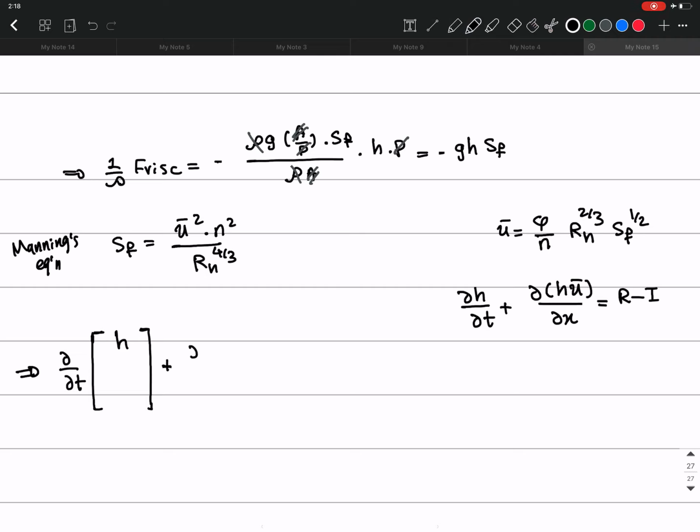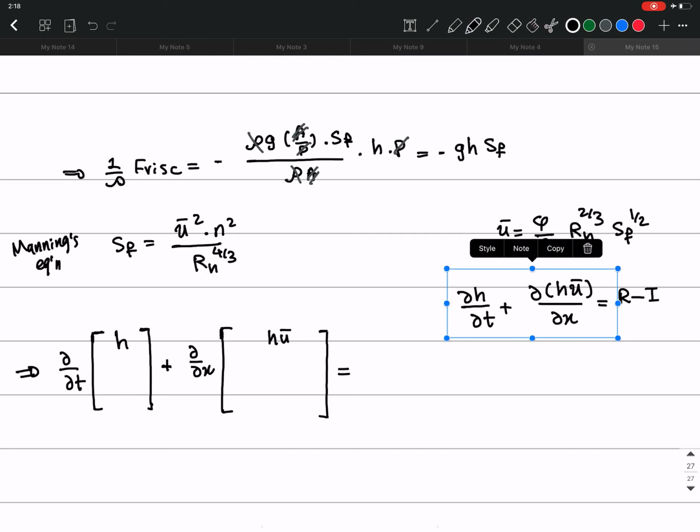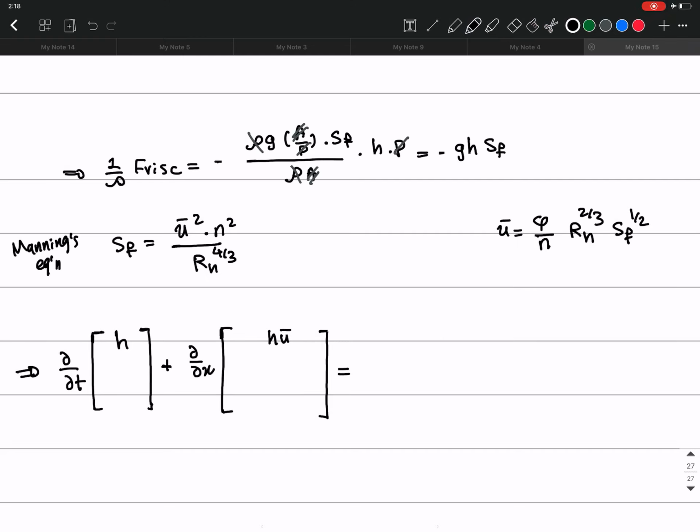Then we have partial over partial x of HU bar equals R minus I, right? So on the right hand side, R, which is rainfall minus infiltration.